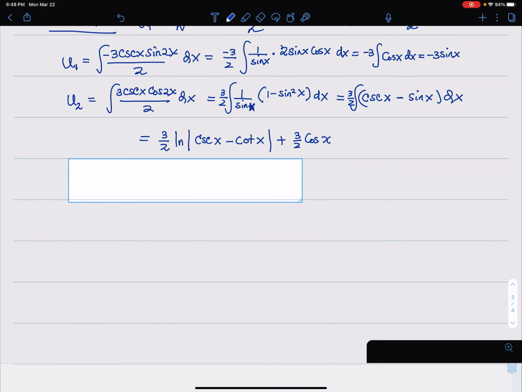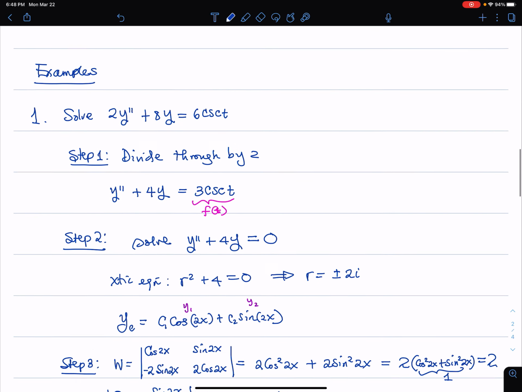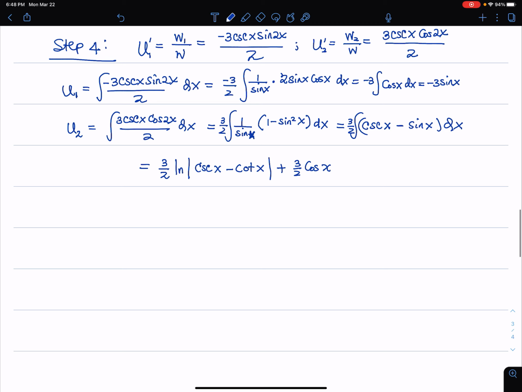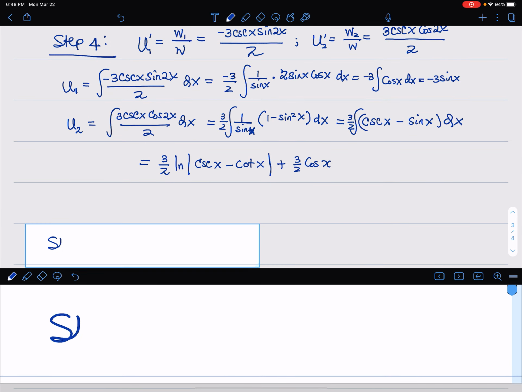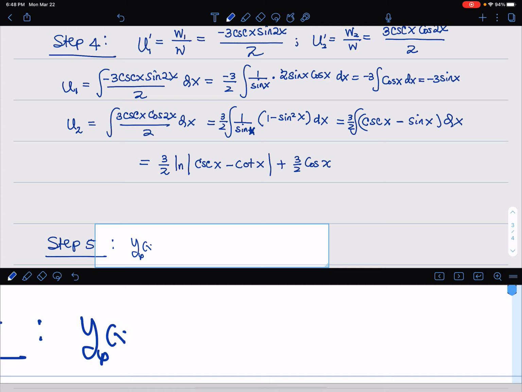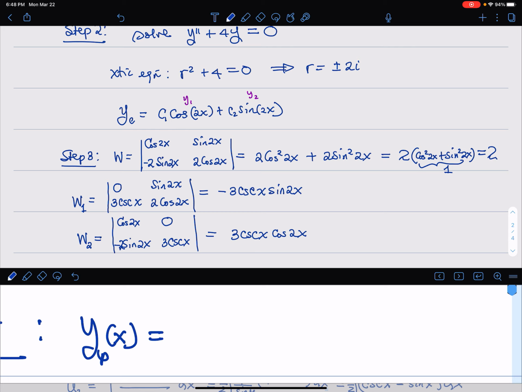So step 5 is the last step. To find our yp, we have our yc and our yp. So yp of x is going to be u1 times y1.